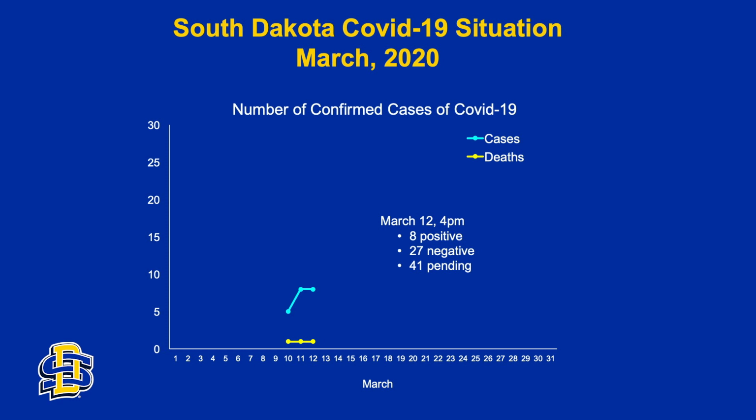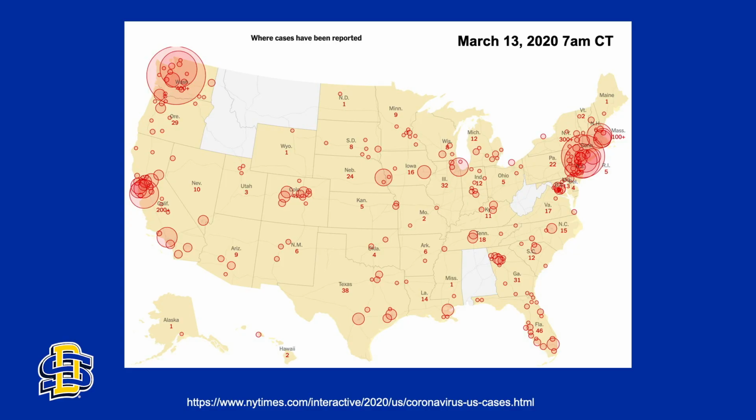Then there's a wide variety of maps that are available online. One I particularly like is in this presentation that shows the number of cases in circles, where the size shows the number of cases.